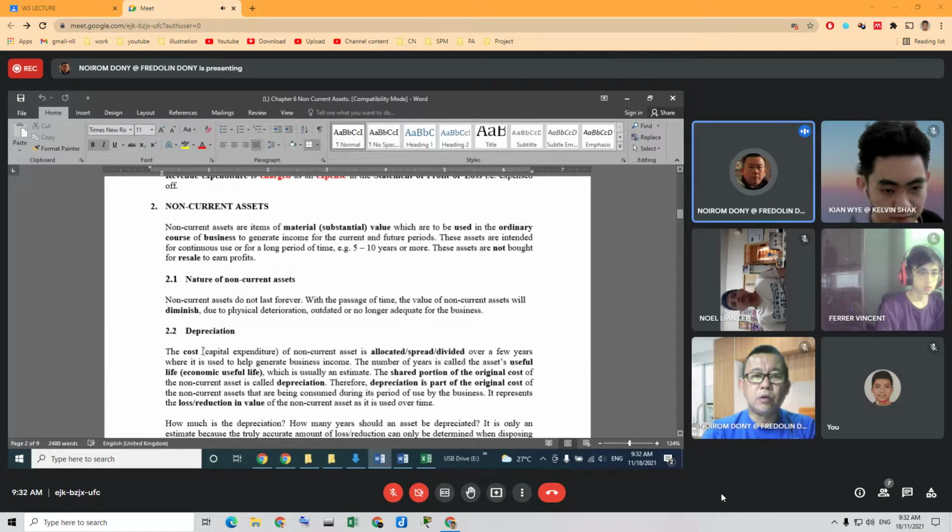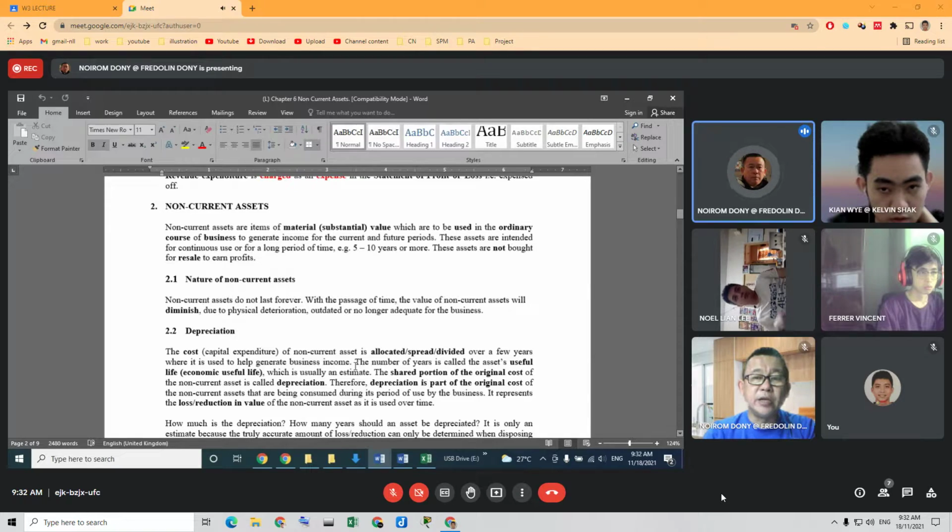So the cost of the non-current asset is allocated, or spread, divided over 5 years, where it is used to help generate business income. So that is defining the depreciation. What is depreciation? Depreciation is part of the cost of the non-current asset which is allocated, spread, divided over 5 years, where it is used to help generate business income.